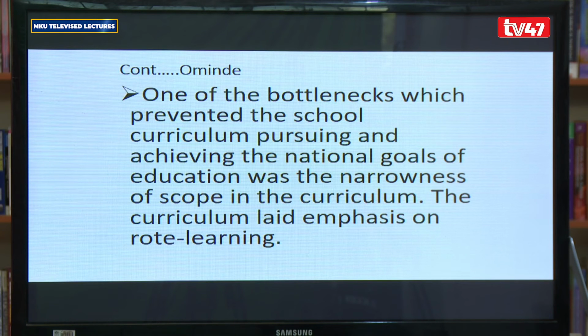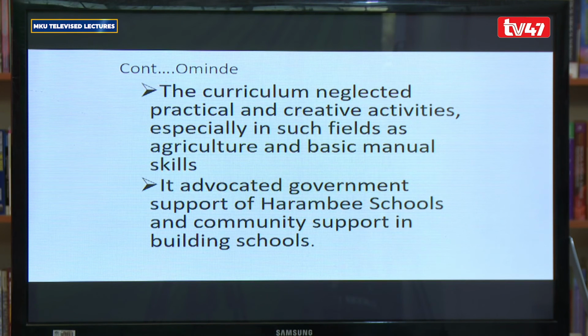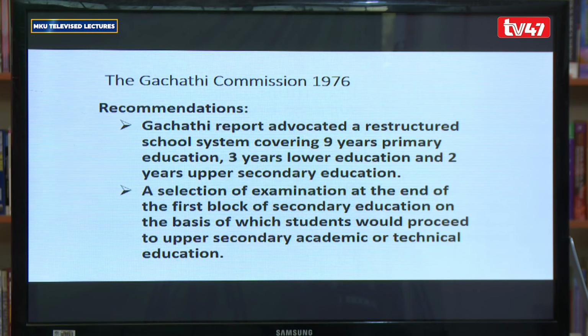The curriculum laid emphasis on rote learning. The curriculum also neglected practical and creative activities, especially in such fields as agriculture and basic manual skills. It advocated that the government should support Harambee schools and community support should be given in building schools. That is according to the Ominde report.